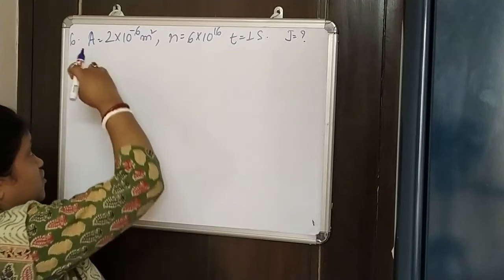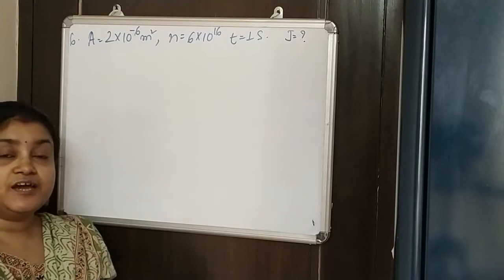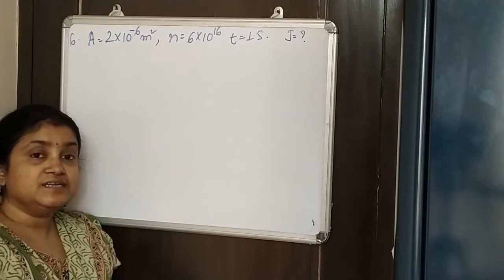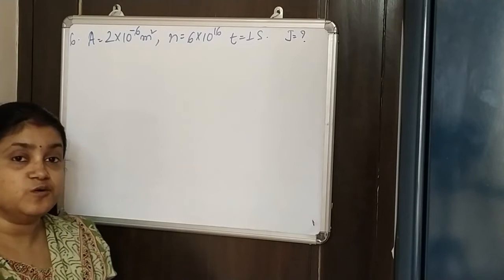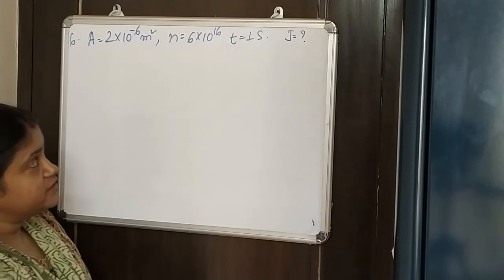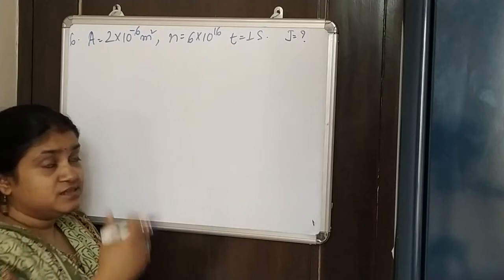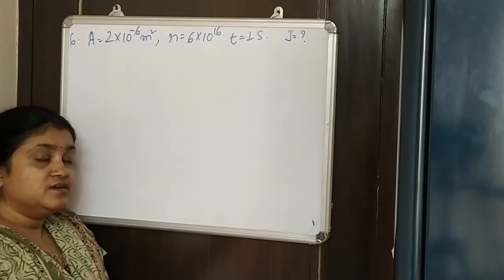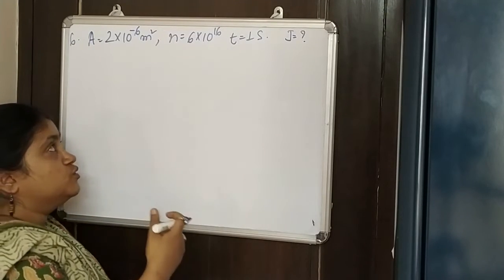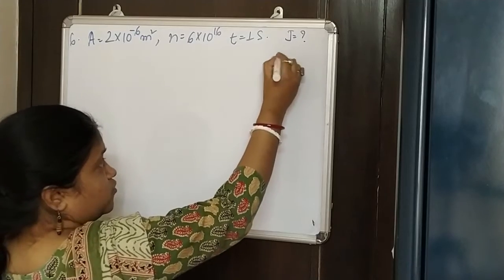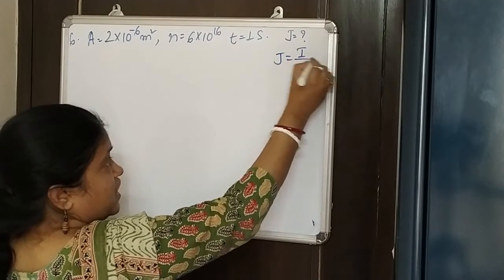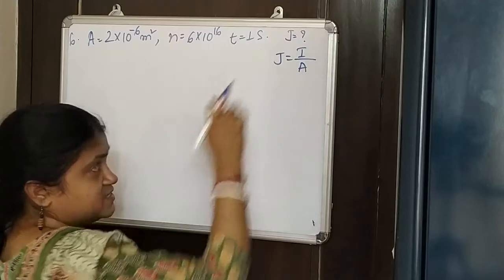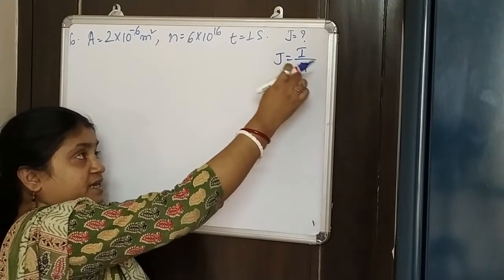The cross sectional area is given, and we are asked to find the current density of this particular flow. As we already know, to find the current density, first we need to find the current. The formula for current density is I by A, where I is the current flowing and A is the cross sectional area.